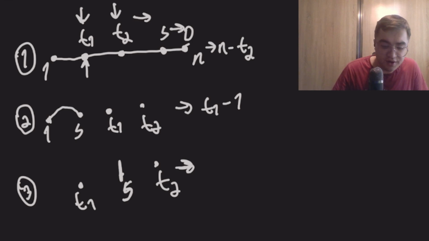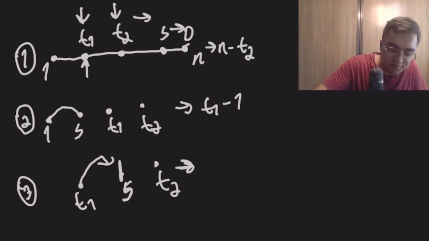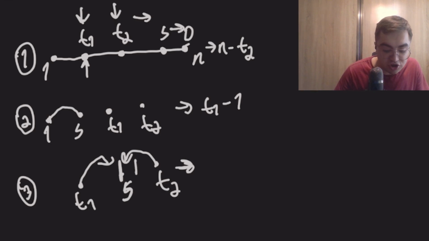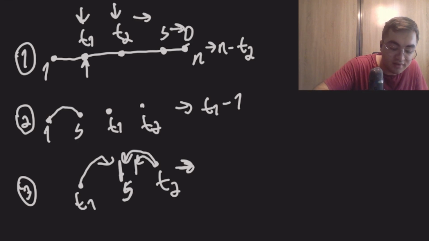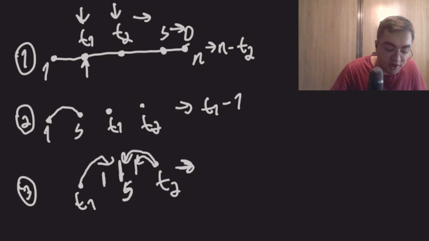The reason is actually pretty simple. We know that both of these teachers can reach this middle cell in some number of moves. Now, suppose the student moves to the right. Teacher 2 can reach the student earlier, because the student is closer to teacher 2 than the middle is. And similarly, going left would have resulted in teacher 1 reaching the student earlier than teacher 1 would have reached the middle.